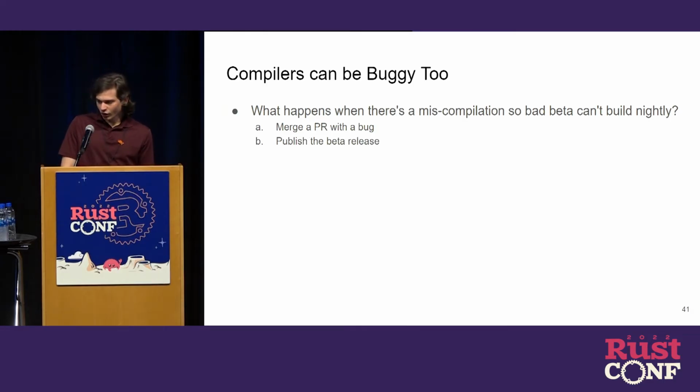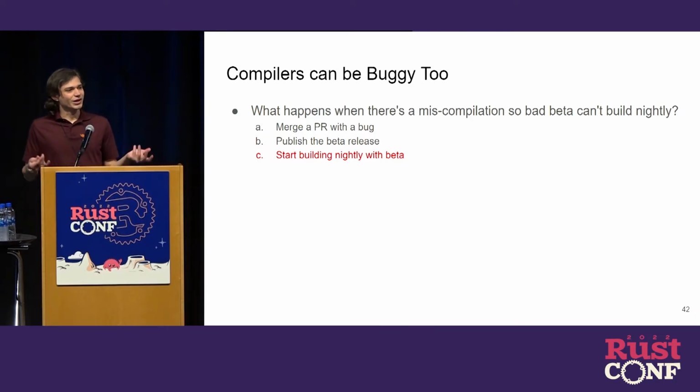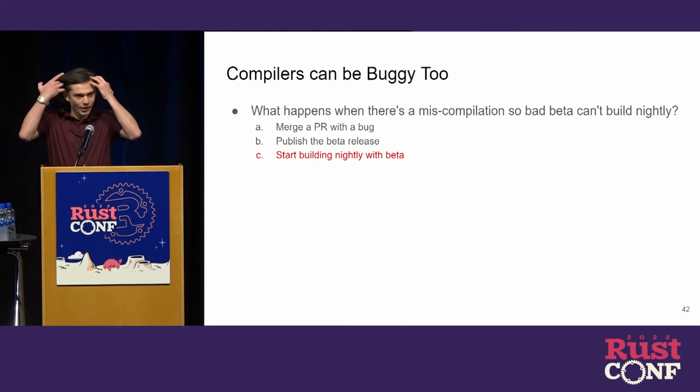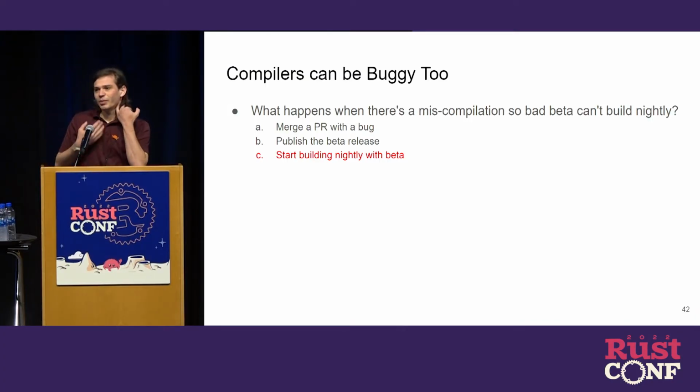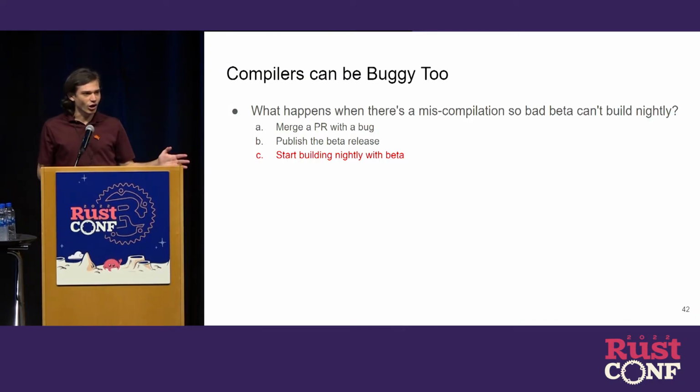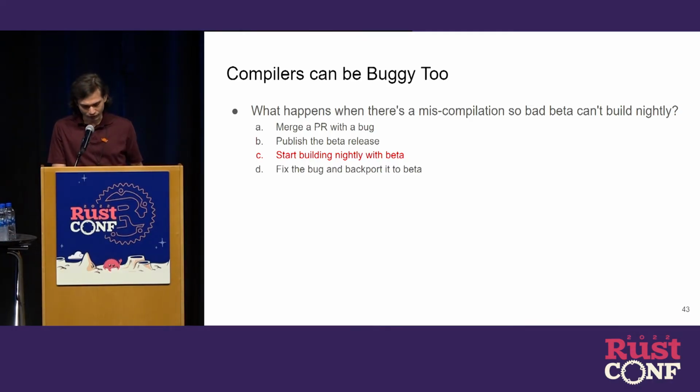So we merge the PR, we publish the beta release, we start building nightly with beta, and at this point we hit an error, and we're like, why are we hitting an error, right? Like we know this just worked before. And at this point we'll discover the miscompilation, we'll be like, okay, we did something wrong, we fixed the bug, and then we'll patch the beta compiler, which is called backporting, and then we'll use that new patched compiler, and then we can get it to work.